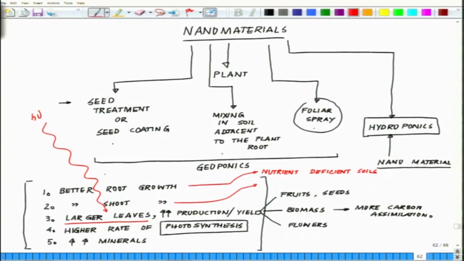And of course, higher rate of photosynthesis, the next one, which means higher chlorophyll, and then higher mineral content, because this is a better root and better assimilation power.